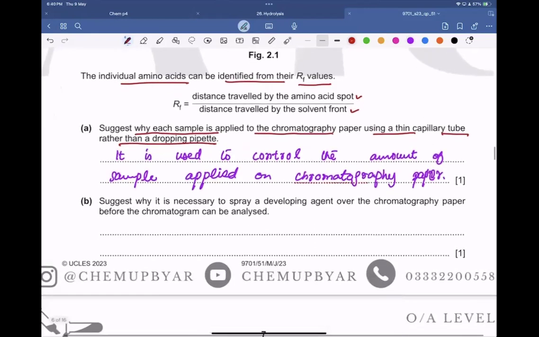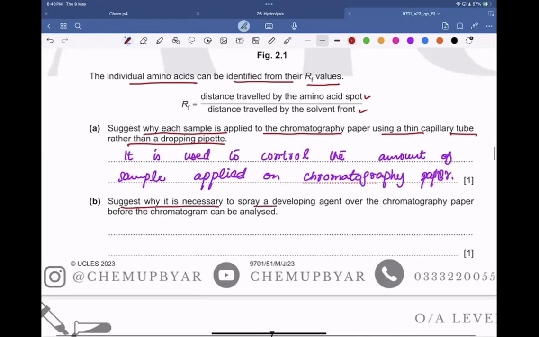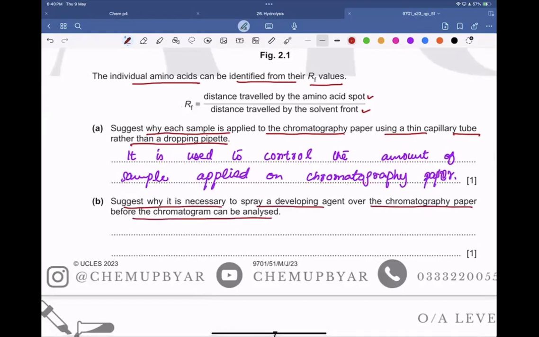Now B. Suggest why it is necessary to spray a developing agent over the chromatography paper before the chromatogram can be analyzed. So if you recall, amino acids are colorless.